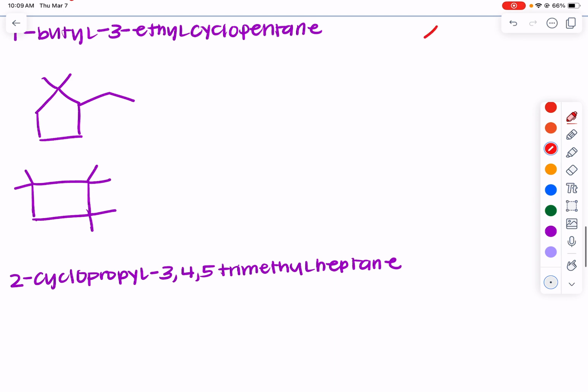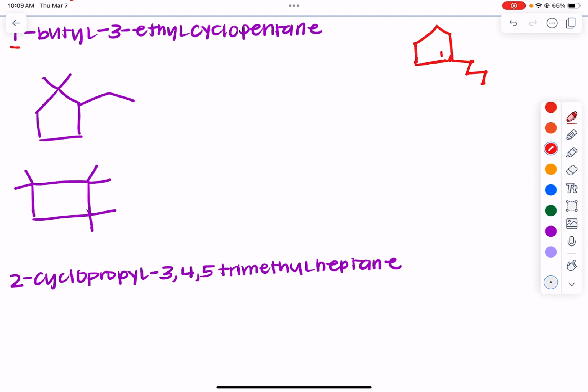We have a cyclopentane, so we can go ahead and draw that pretty quickly. We get to decide where carbon 1 is. Doesn't matter, you can pick any one of these to be carbon number 1. I'm just gonna pick this one. We wanna draw our butyl group, which has 4 carbons, 1, 2, 3, 4.